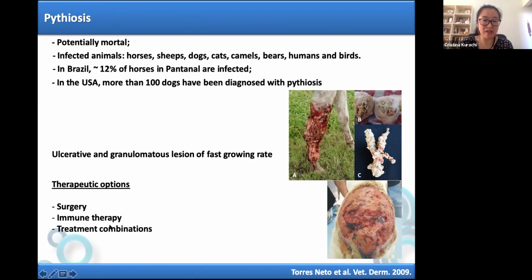Mostly they try different treatment combinations, but in the case of humans, usually several surgical resections are tried. If that does not get rid of the lesion, then you have to amputate the limb. And in the case of the animals here, at the end, they have to be sacrificed.